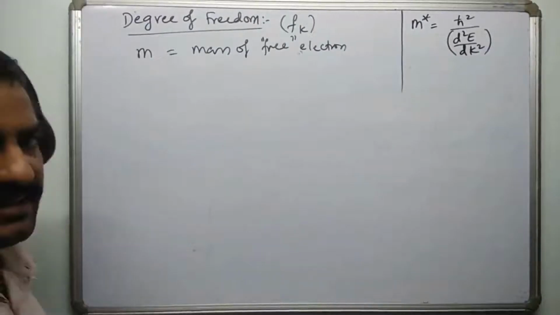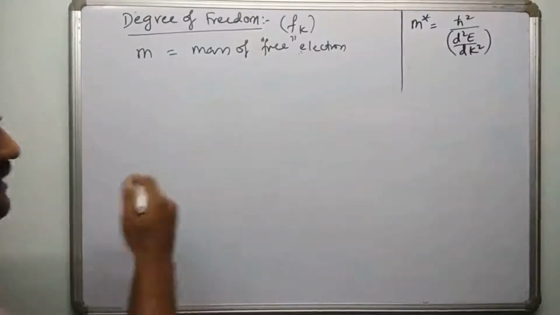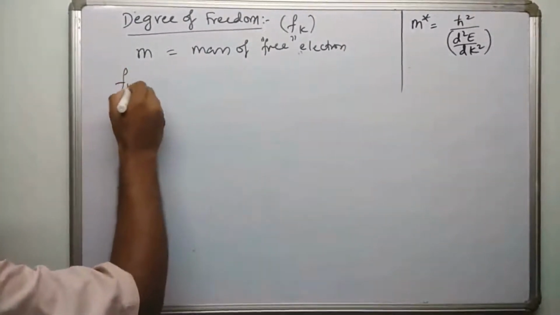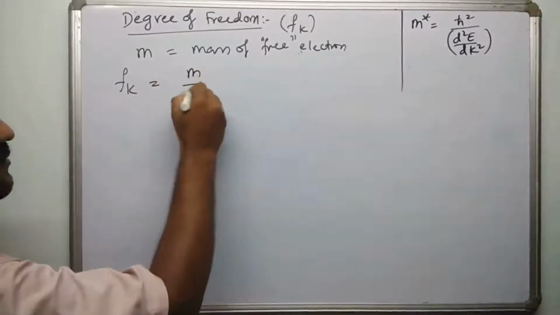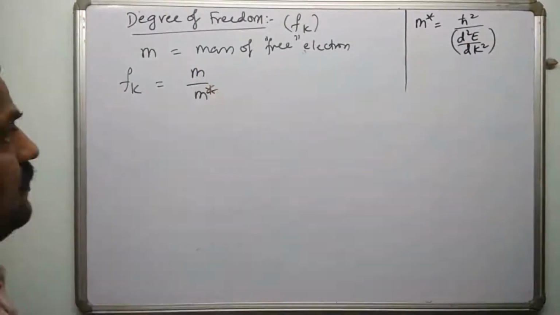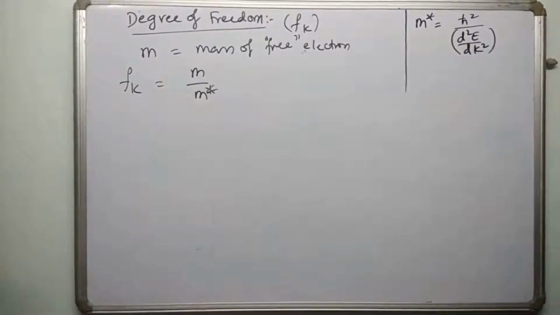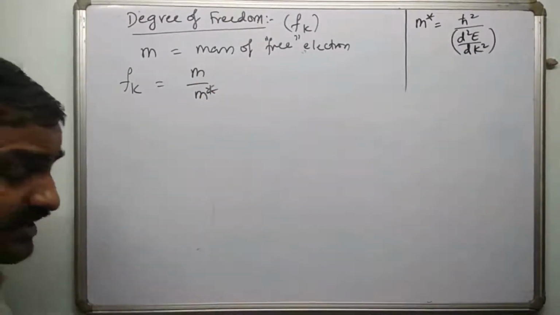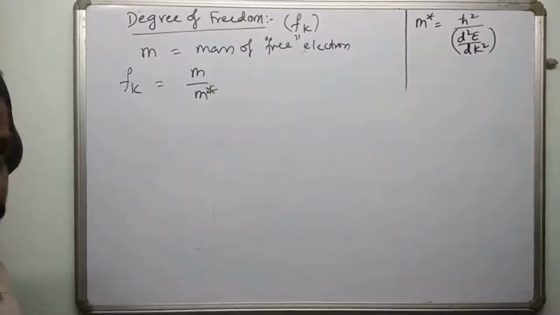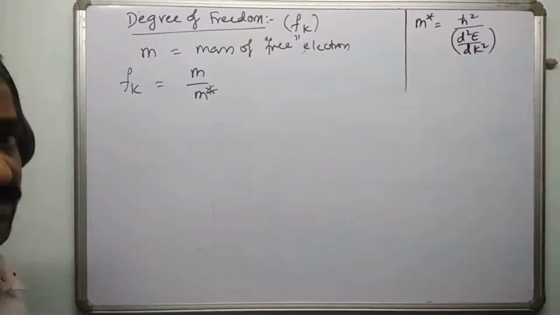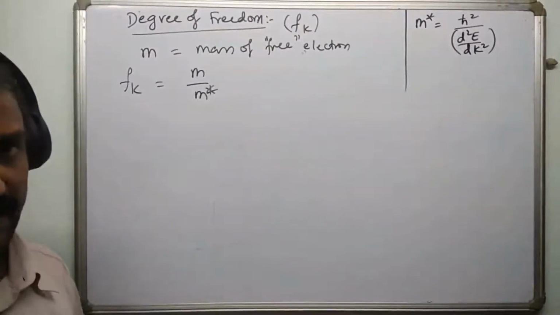So you can take rest mass of electron here. Then the ratio Fk is defined as m divided by m star. Now we define the term Fk, which is the ratio of m by m star, as the effective degree of freedom, which tells us the freeness enjoyed by an electron inside the solid.